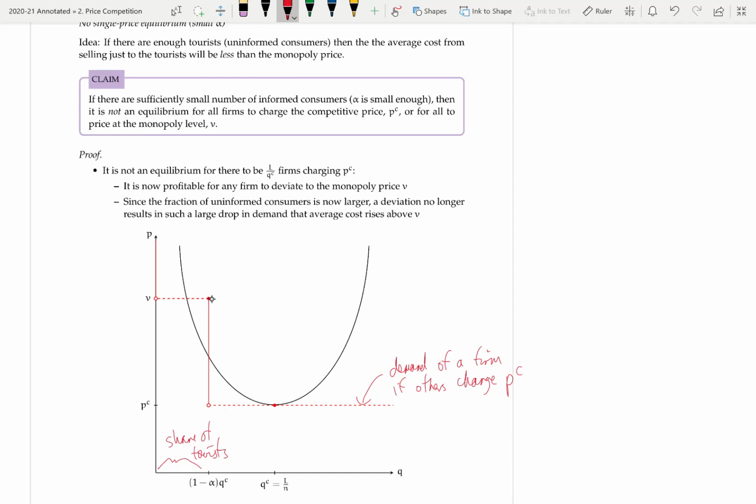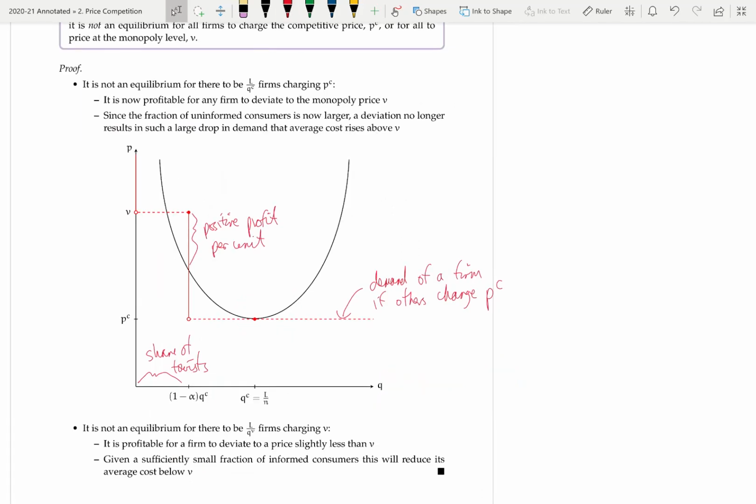Now the point here, when the firm is pricing at V, the quantity demanded is above average cost. So they're making a positive profit per unit if they deviate to a higher price equal to V. So this is the difference to the case where alpha was larger. Now the firm can make a positive profit by deviating and selling at V to just the tourists. Why is it not an equilibrium for the firms to price at V?